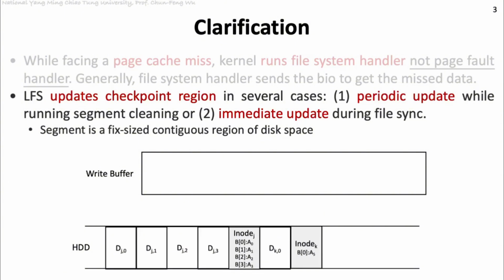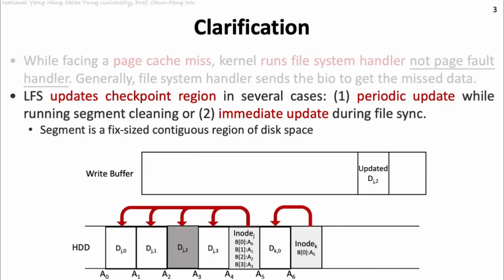And the case is like this. This is just to let you know the inode for the first data and the second data, and their relationship is not quite important here. If we now update the second data chunk of DJ, because this is a log structure file system, we first write into the memory, not directly modify it inside the hard disk drive, because it would be super slow to directly modify the data in the hard disk drive.